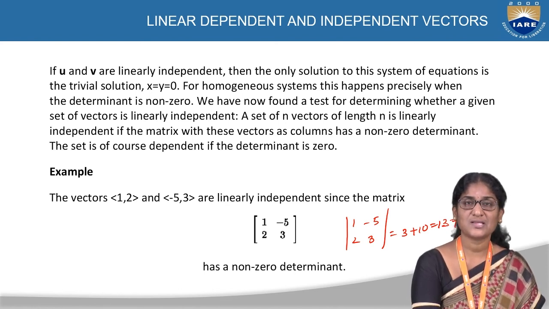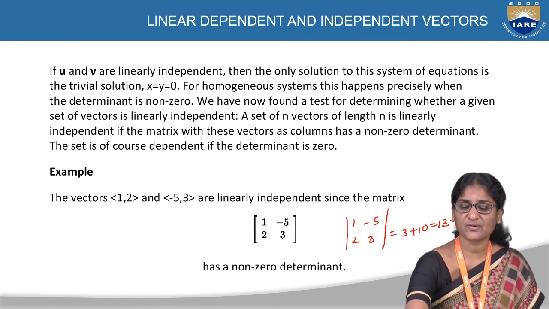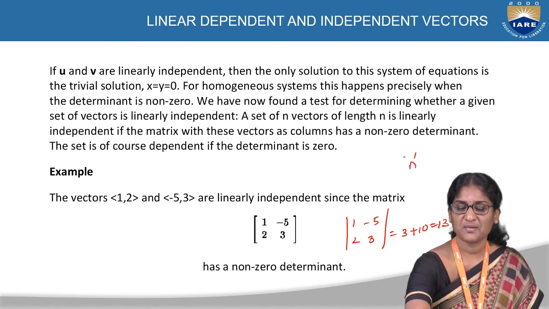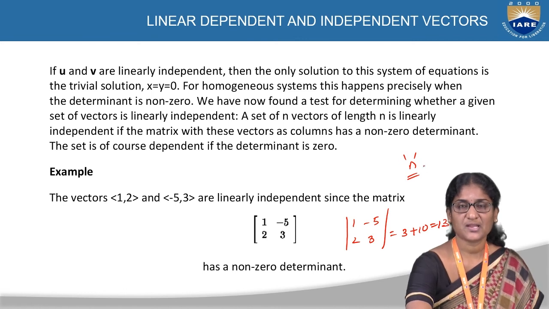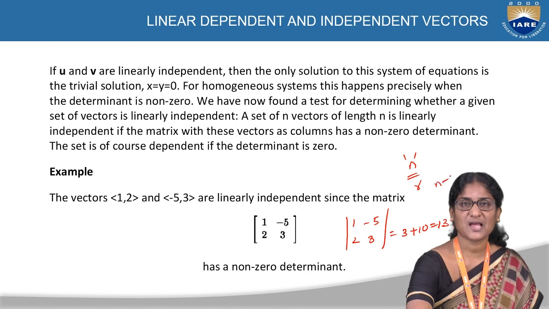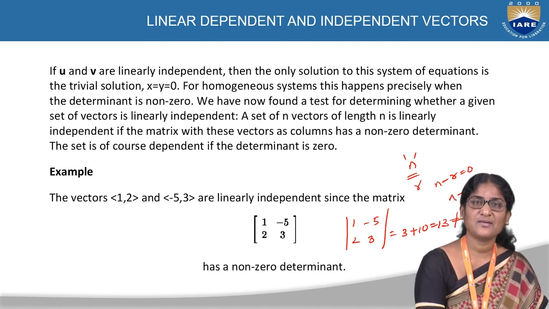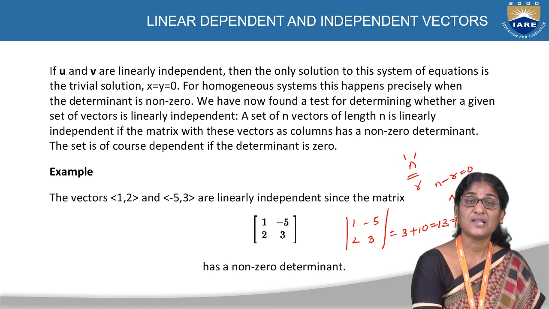In that case, we can reduce the given matrix to echelon form. Suppose n is the number of the vectors, or unknowns, in the equation, and r is the rank. If n minus r is equal to 0, then the vectors are linearly independent. If n minus r is greater than 0, then the vectors are linearly dependent.